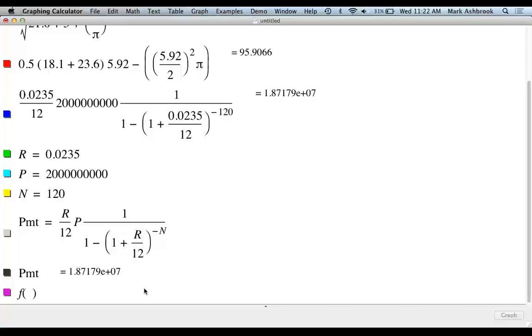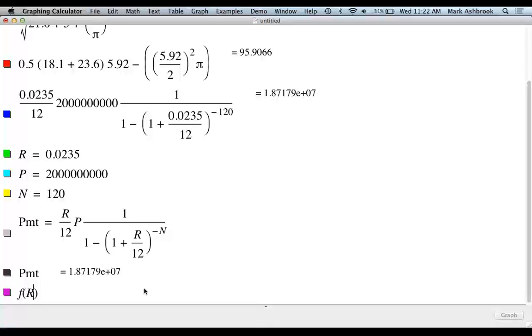So far we've been talking about functions with one input. Now this is really a function of 3 different inputs: the rate, the principal, and the number of payments, and it spits out the output. To do that, you just separate them with commas.